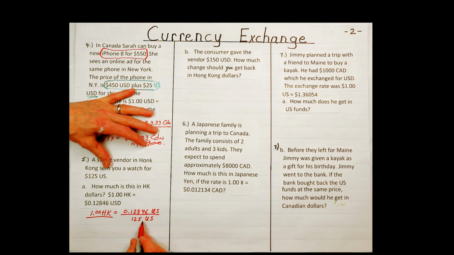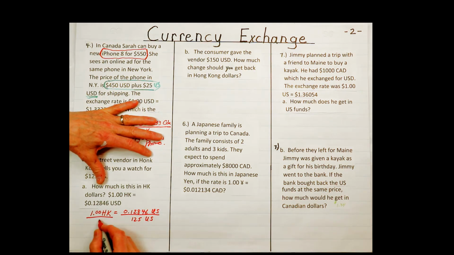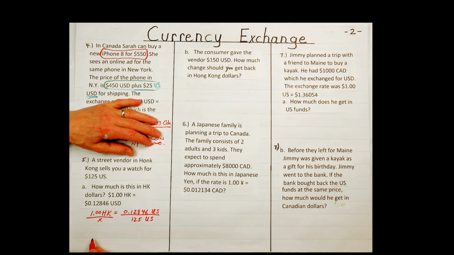So we want to know how many Hong Kong dollars, so X goes with Hong Kong dollars. And we cross multiply, so we get 0.12846 X equals 1 times 125 is 125.